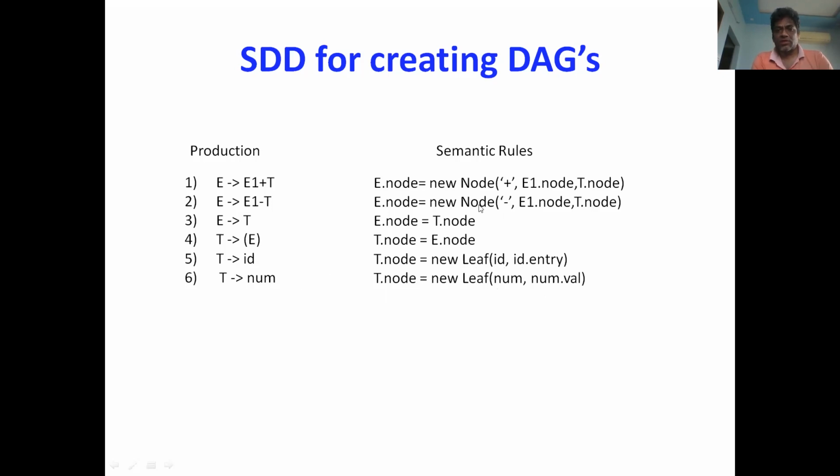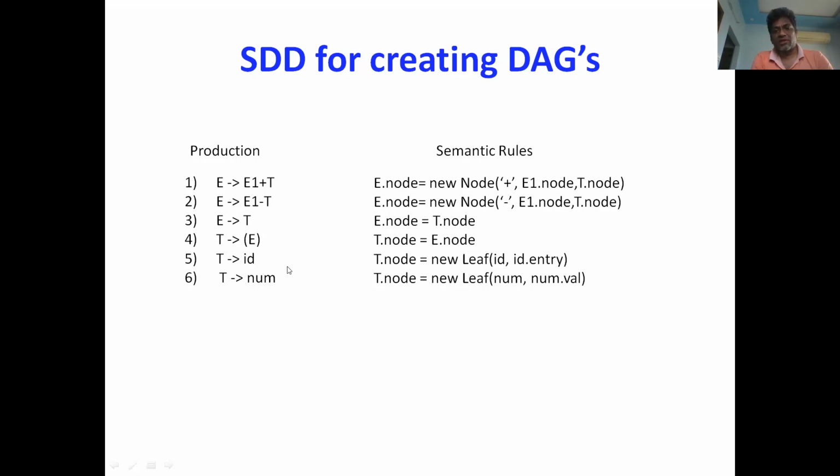Okay, so there are 3 points that you need to understand here for creating the syntax tree. The first point is whenever there is an operator, you need to create a new node with the help of a semantic rule. And whenever there is no operator and it involves only variables, then copy the same node into the LHS.